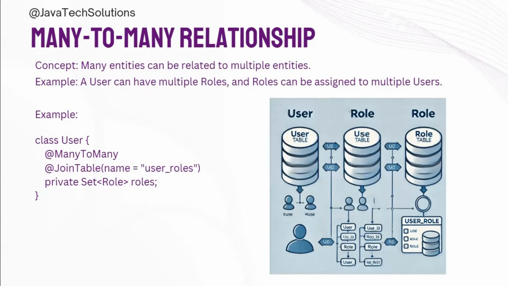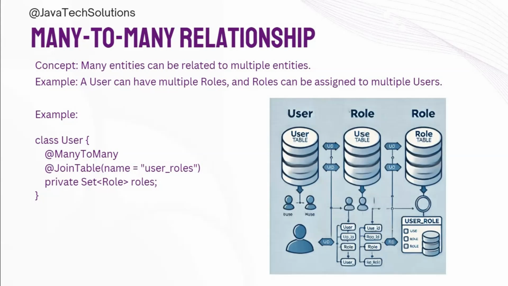A many-to-many relationship means that one record in table A is associated with multiple records in table B, or vice versa. Like many students enroll in many courses, many employees work on many projects, or many actors act in many movies. Since relational databases don't support many-to-many directly, we need a join table to establish the relationship.